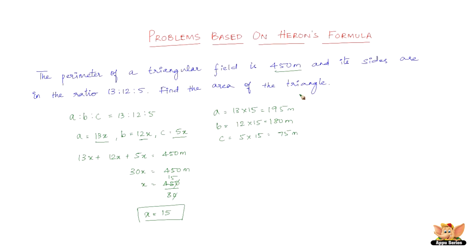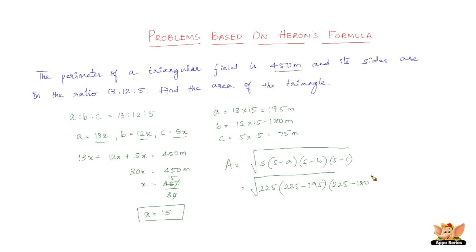But now we need S, which is half of 450, that is 225. So the area of the triangle is nothing but root of S into S minus A into S minus B into S minus C, which is 225 into 225 minus 195 into 225 minus 180 into 225 minus 75, which is nothing but 225 into 30 into 45 into 150, square root of this.